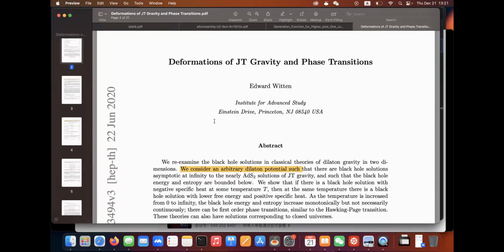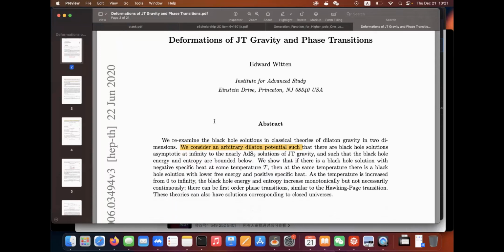It's just the classical phase transition, which means that we assume that we have a black hole solution, and we put the solution into the action and calculate the free energy. Then we evaluate the minimal value of the free energy. So here the phase transition comes.